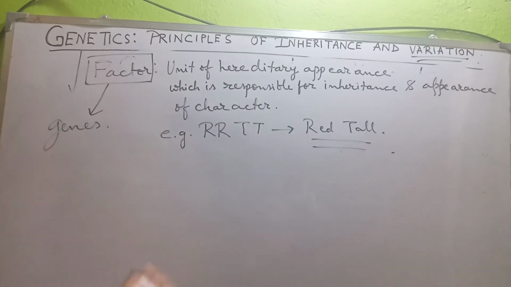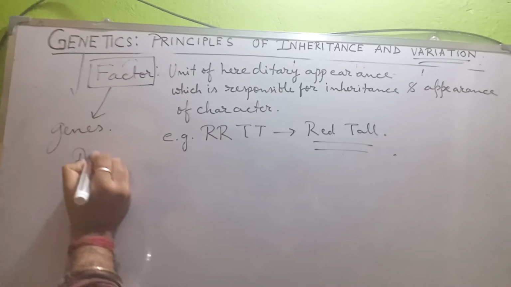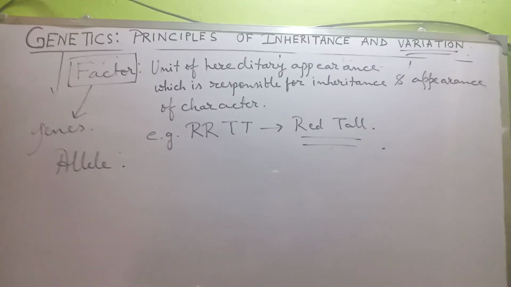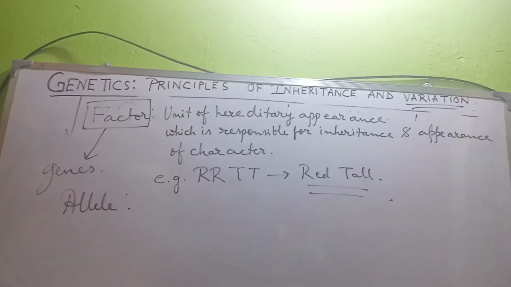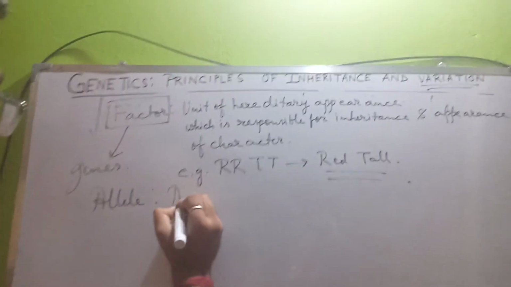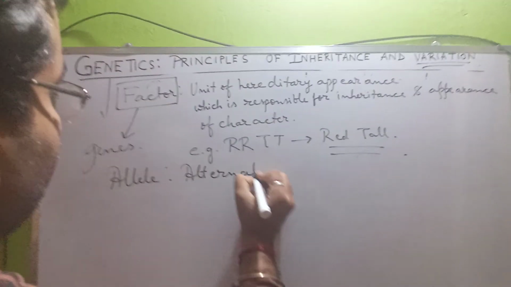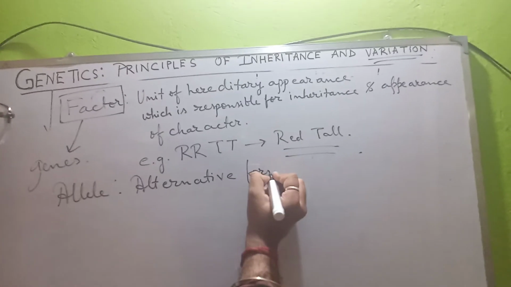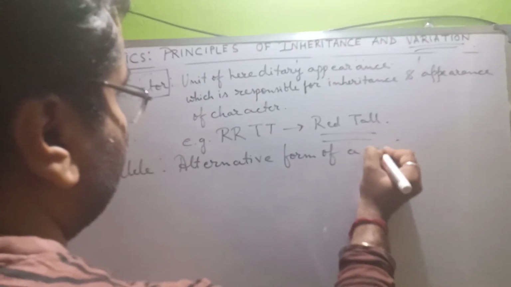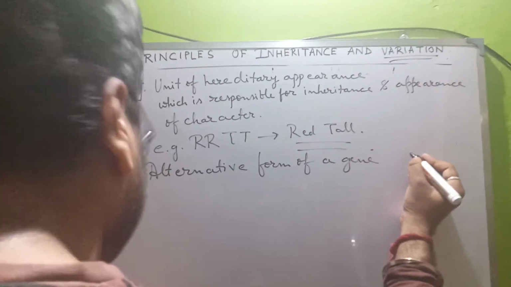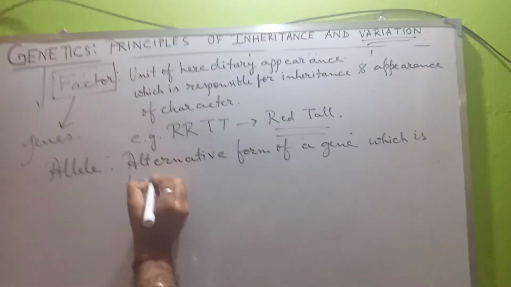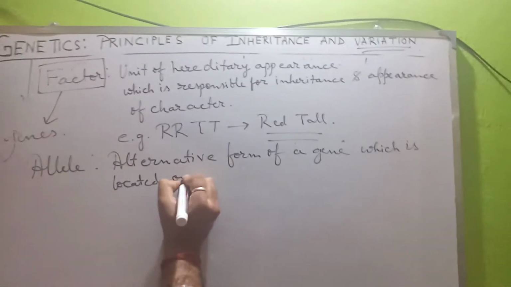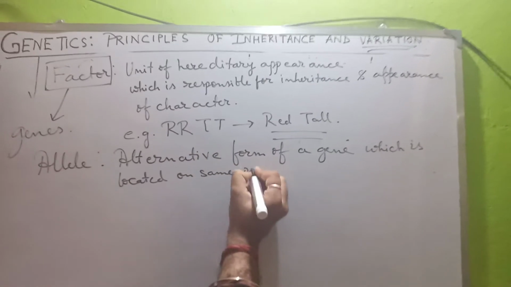Now, apart from this, you will again come across a simple term, that is allele. Often I hear, what is an allele? Students get mixed up that this is not an allele, this is a gene. Let me clear it out: alleles are alternative forms of a gene which are located on the same position.